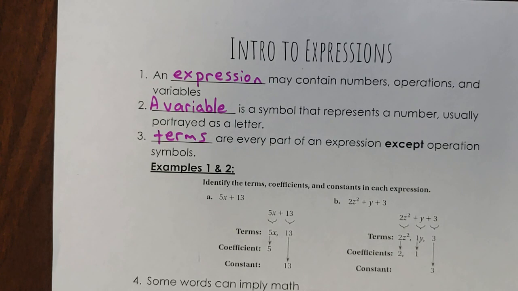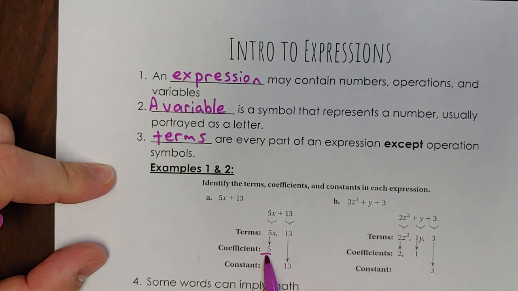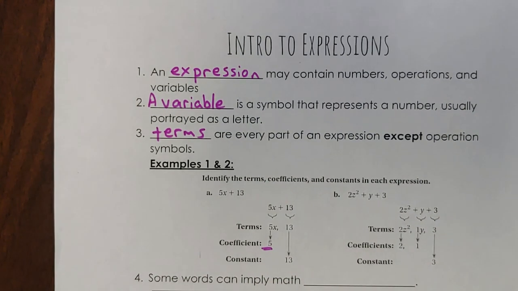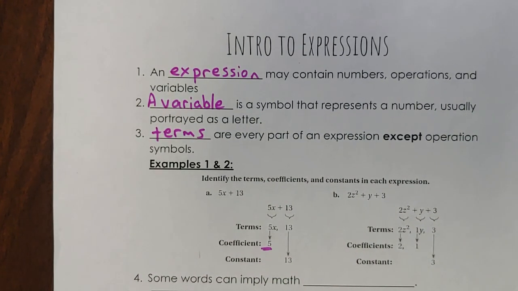So coefficients and constants, we may have talked about that earlier. A coefficient is the name of the number that is being multiplied by a variable, okay?